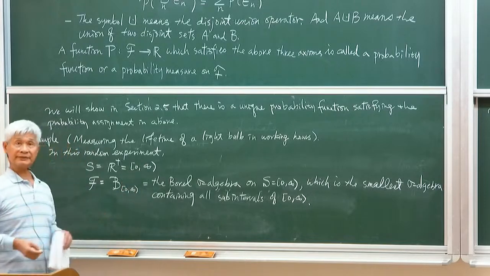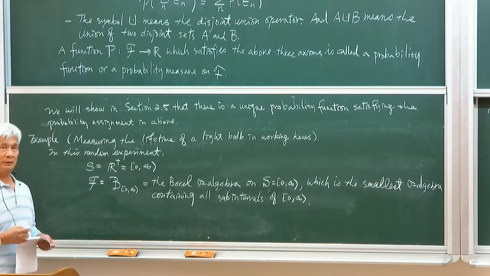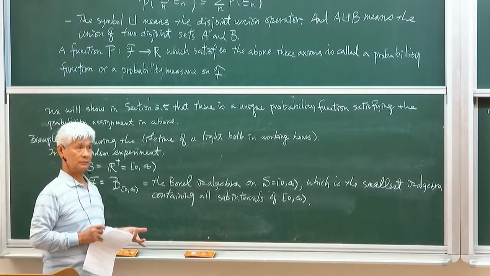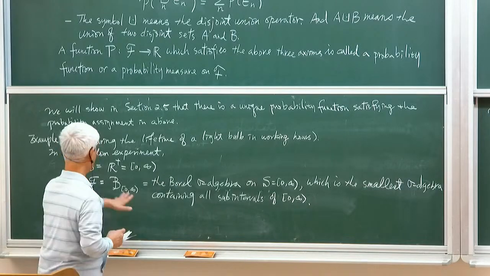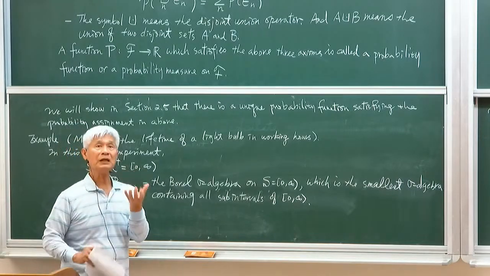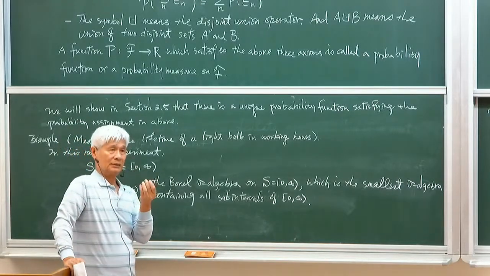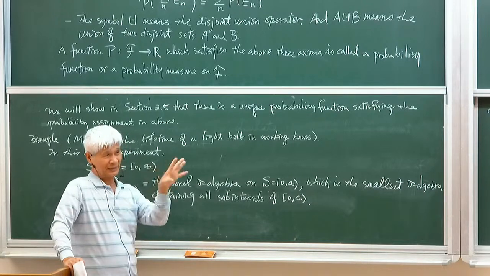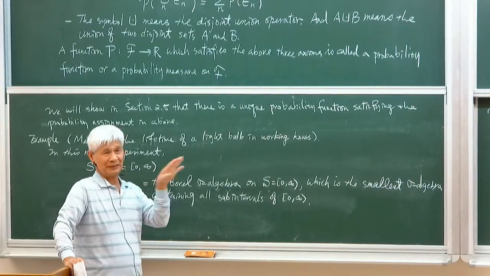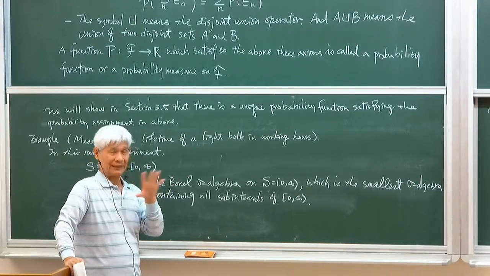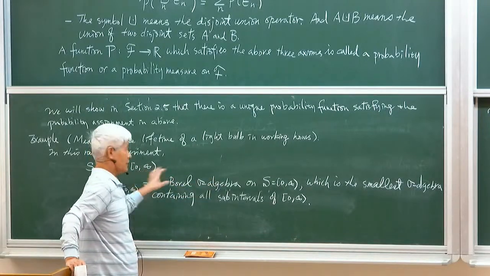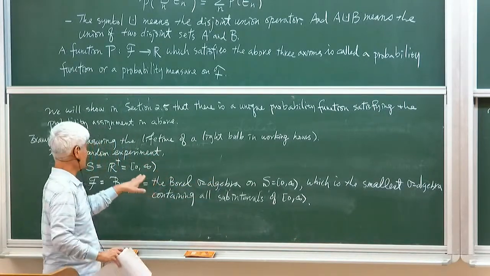Now, how do we construct a probability function? Because the outcomes are non-negative real numbers, there are uncountably many of them, right? Because you have a continuum in this interval.